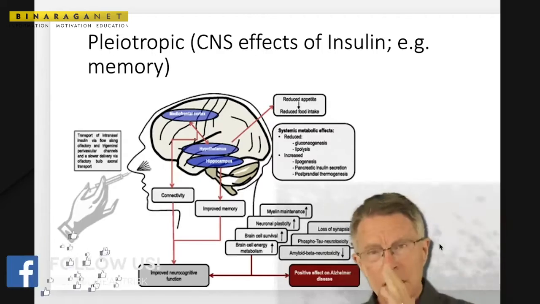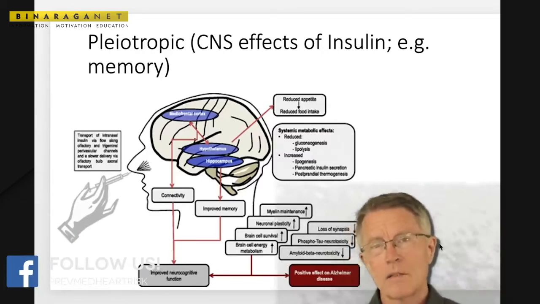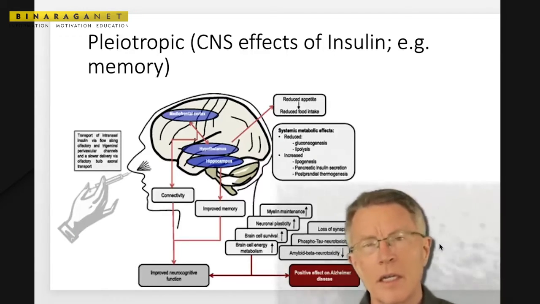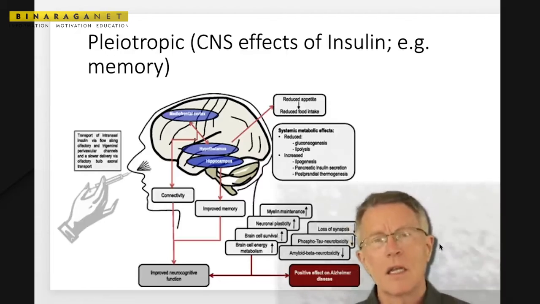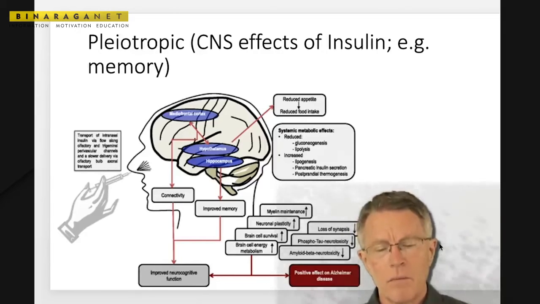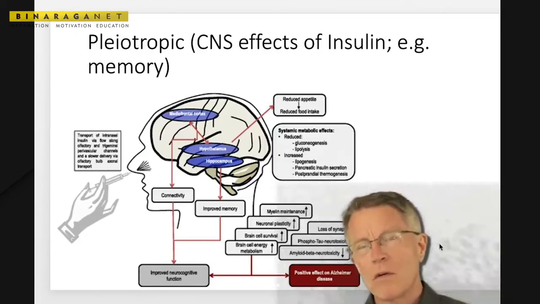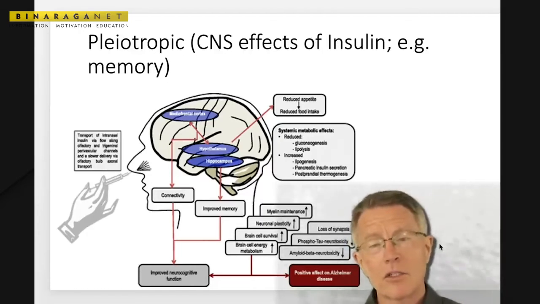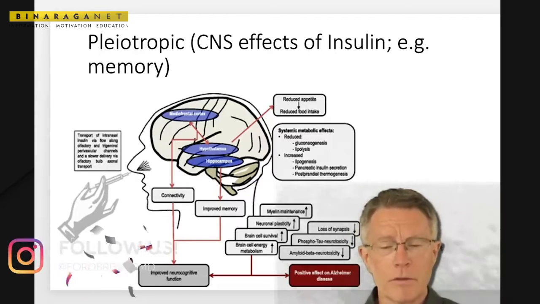If you inject insulin into the nose, it will go past the blood-brain barrier. And once insulin gets into the brain, it has a whole different set of mechanisms. Most of them revolve around the hippocampus and the biochemical mechanisms of memory formation.